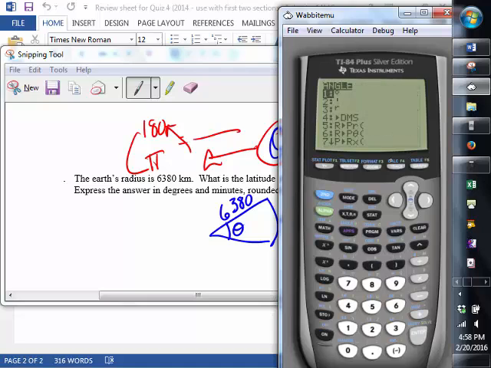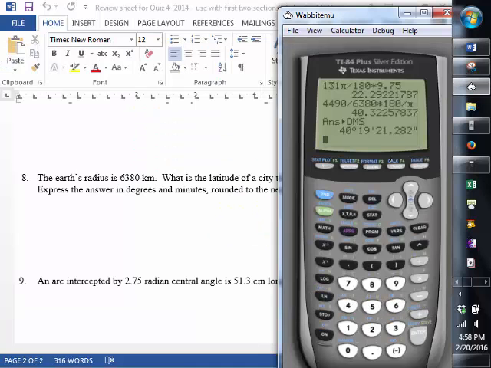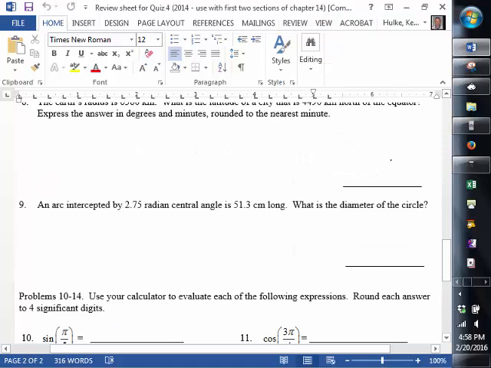So we would say 40 degrees, 19 minutes, 21 seconds. Although it didn't say to the nearest second, so we would say 40 degrees, 19 minutes.